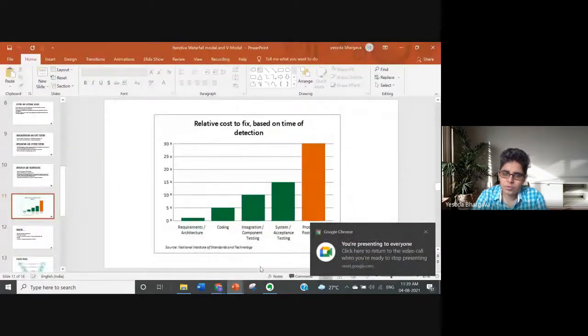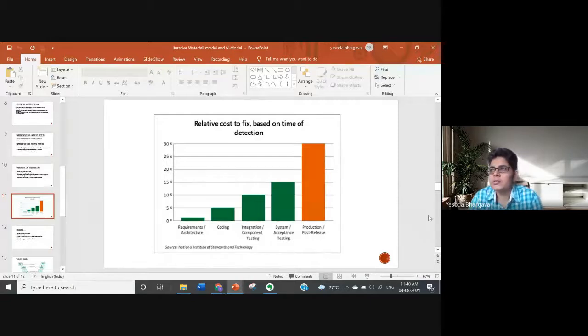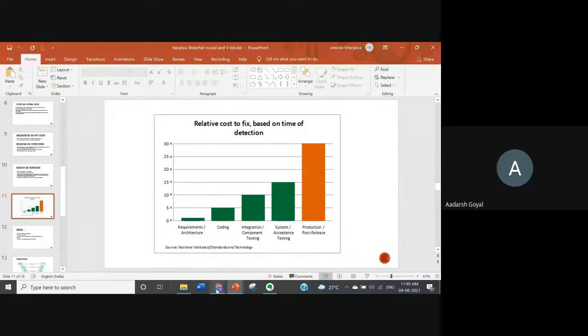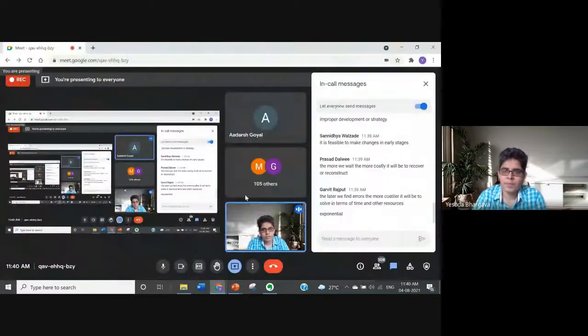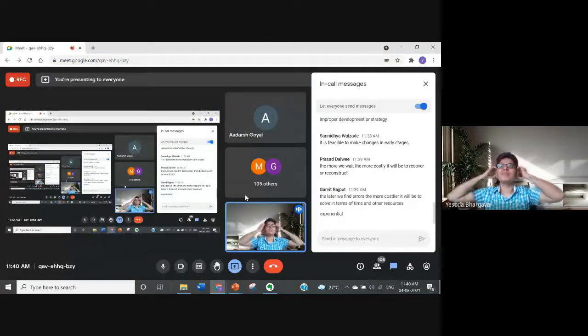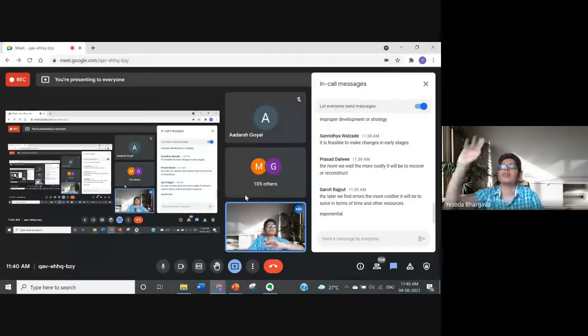If you were to use one term to explain the nature of this plot, what mathematical function would fit here? Exponential, yeah. So what does it mean? If you were to draw a straight line and then you have exponential, the cost is not only costlier, it's exponentially more costly to fix the errors at a later stage.